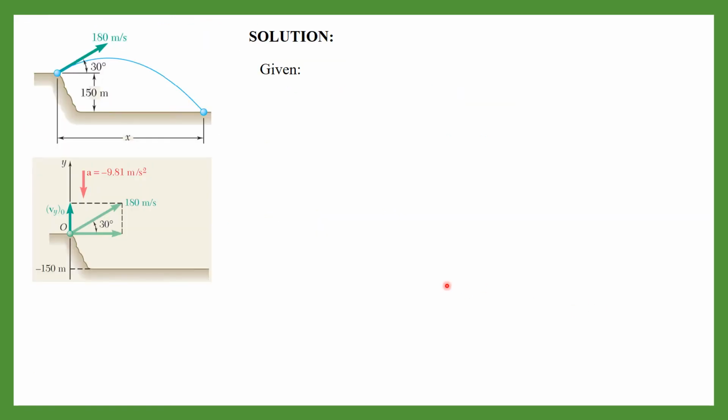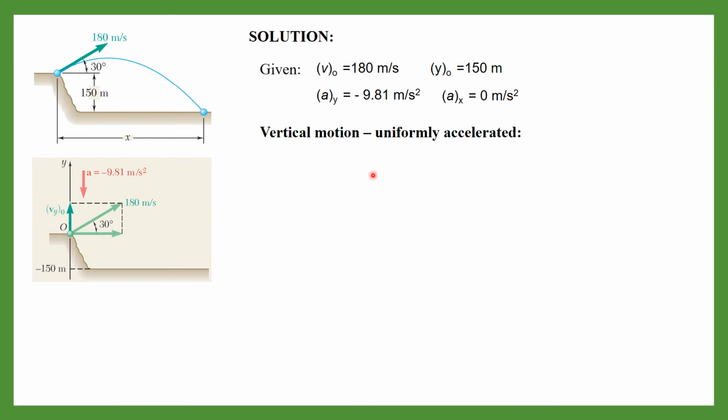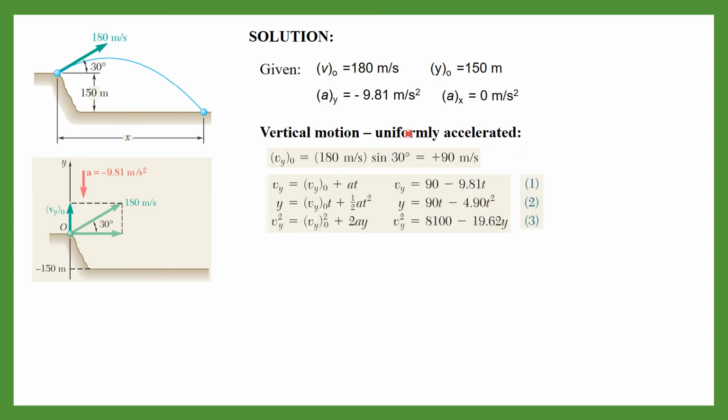The solution. These things are given: initial velocity 180, and y naught is 150. Acceleration we know, and acceleration in the x direction is 0. So first we consider the vertical motion. Vertical motion is uniformly accelerated because acceleration due to gravity is acting in the vertical direction.